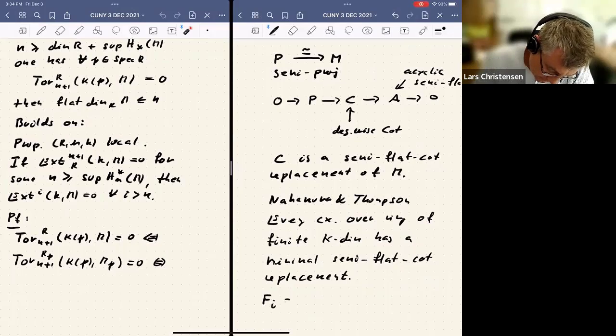So each module Fi is just a product. I'm going to call it F, semi-flat replacement F. So it is a product over all primes of a free module.